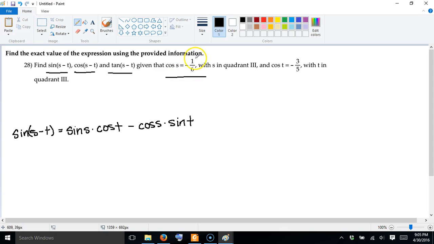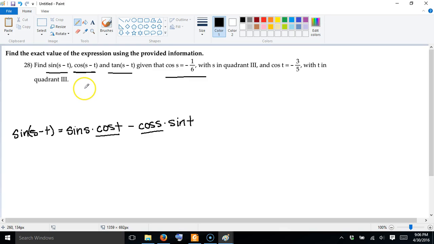What we are given so far is cosine s is negative 1/6. Cosine t is negative 3/5. And what we need to find, because we have cosine s, we have cosine t, we do not have sine s, we do not have sine t. We need to find those two values. And those two values are going to be valuable for finding the value of cosine of s minus t also. So we just need to find those two.